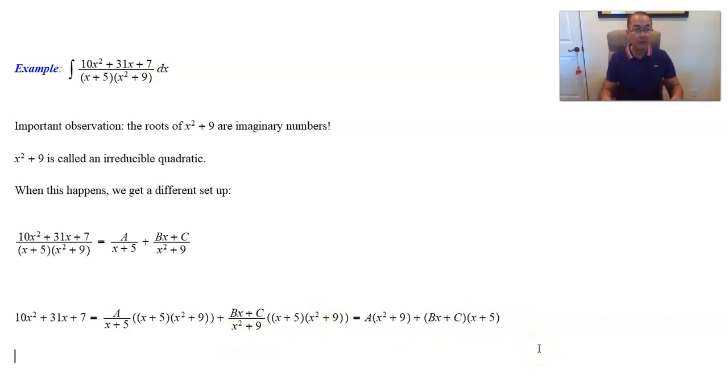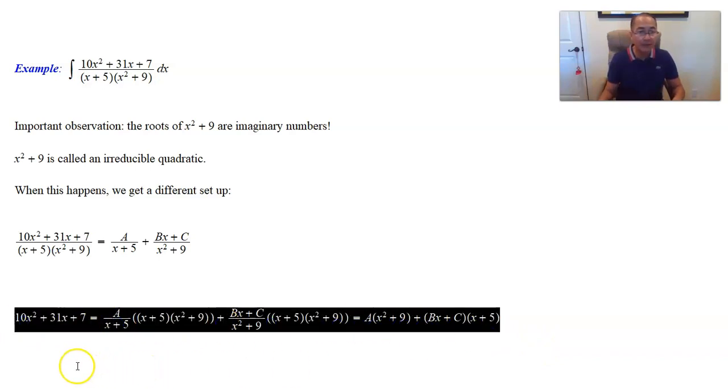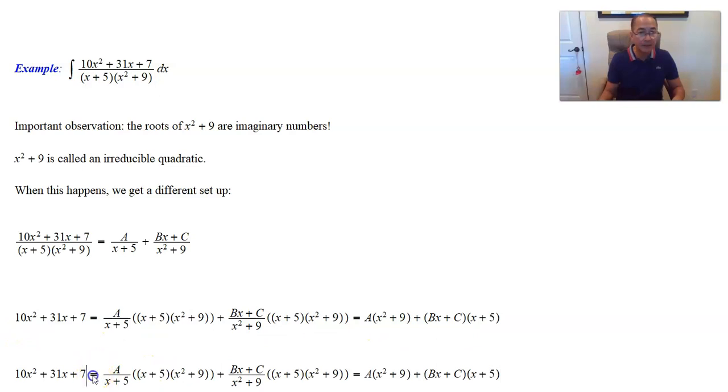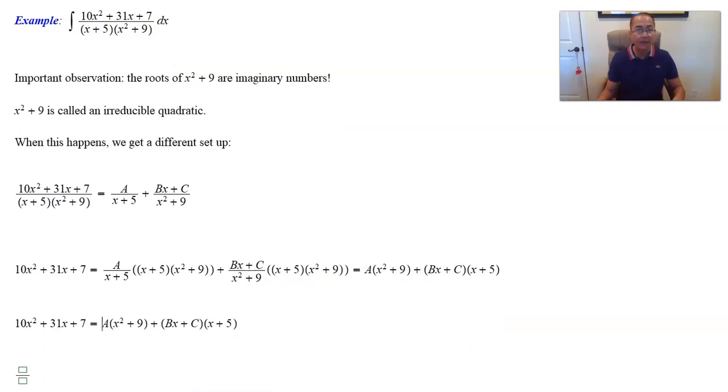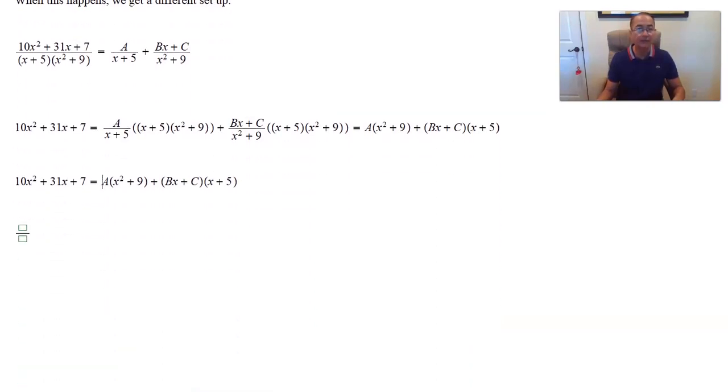So let's make it shorter, shall we? Let's copy this and cut out the middle part. There you go. So that is the equation that we must solve for a, b, and c. And again, there's only one good number we can plug in, -5.